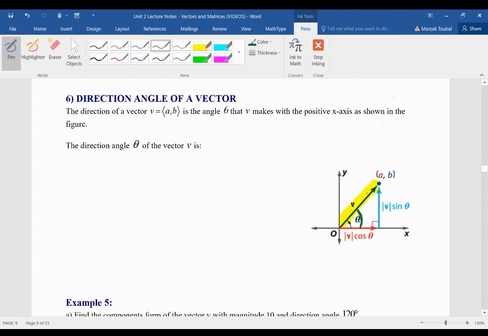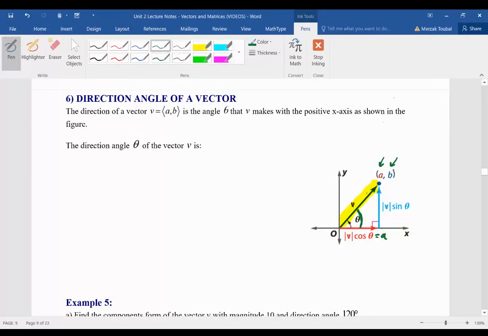Now, this vector has component A and component B. A, which is the x component, would be the magnitude of v times cosine of theta.